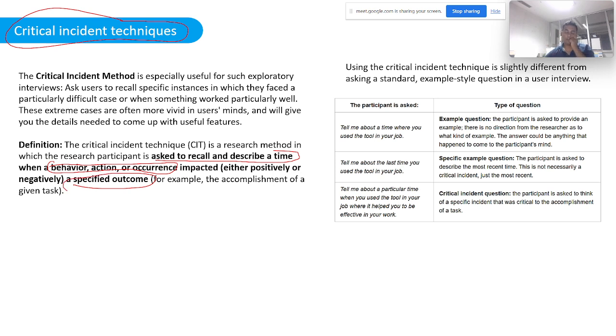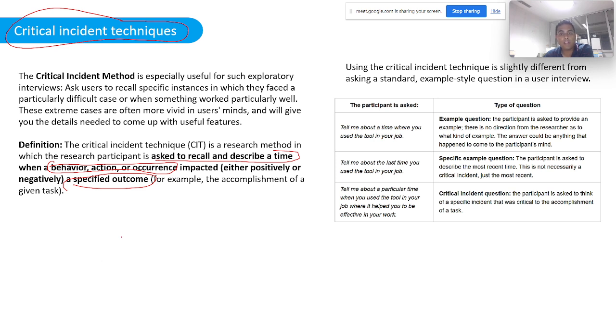So that means we are looking for those events in a timeline where there was a significant positive or negative outcome.